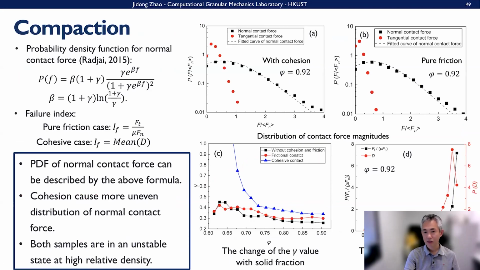We plotted the distribution of the contact force magnitude, to consider a cohesive or a purely frictional case, and also to look at the change of this distribution. We then follow a probability density function for the normal contact force proposed by Farhan Raja, and fit these things.